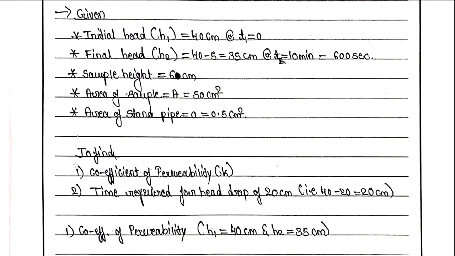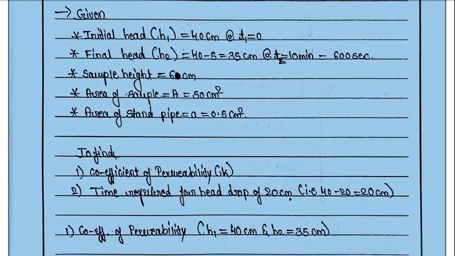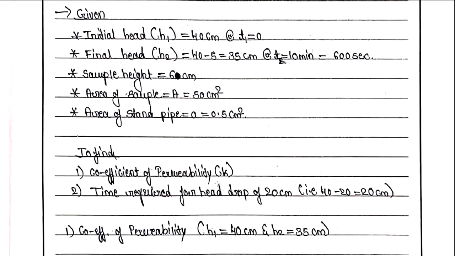We need to find the coefficient of permeability first, and then we can find the time required to drop the head by 20 centimeter. Why do we need the coefficient of permeability? They have directly asked about the time required for the head to drop by 20 centimeter.